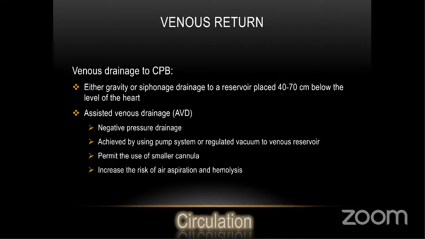Sometimes assisted venous drainage is needed, which is a negative pressure drainage achieved by using a pump system or regulated vacuum to the venous reservoir. It permits the use of smaller cannula size, but increases the risk of aspiration of air and hemolysis.